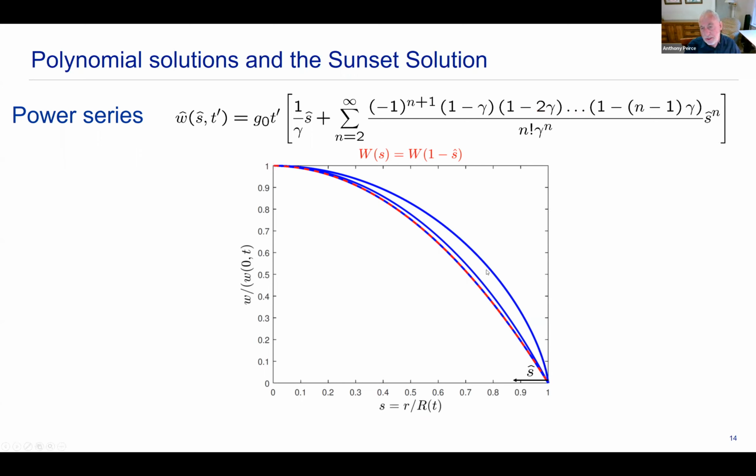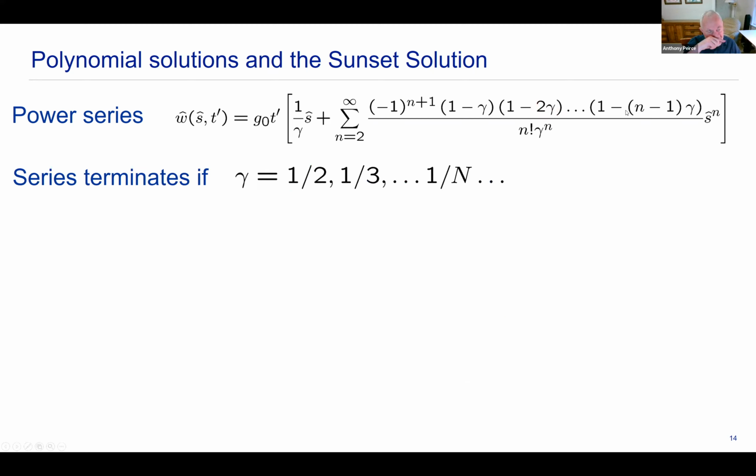But all is not lost. If gamma is a reciprocal of an integer, like gamma equals a half, then this term appears in all other terms, so the series terminates and you get a polynomial. So this is what happens.